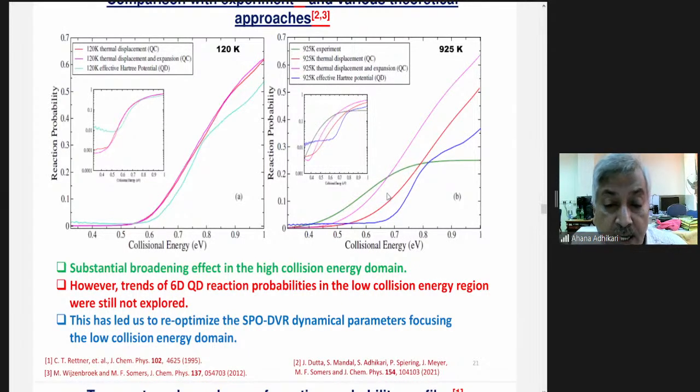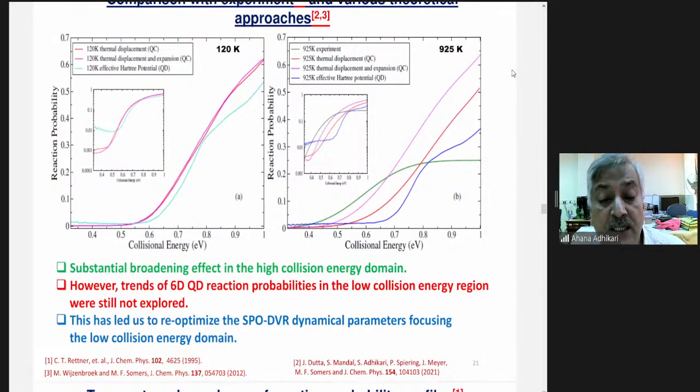In case of 920, you can see that the experiment is there. Experiment is 920K, and this is the green curve. And the other theoretical curve, from the other theoretical group, these are Leiden's group data from their result. They consider thermal displacement and expansion of the lattice. It doesn't reach any saturation.